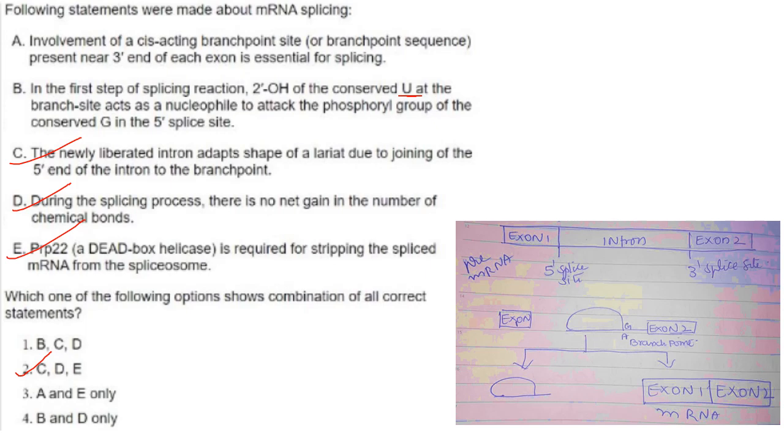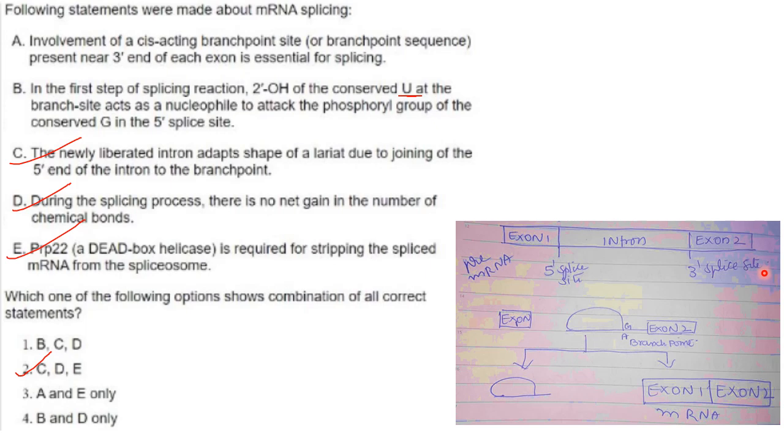Then next one. Following statements are made about mRNA splicing. Involvement of cis-acting branch point. Now before that, I will just brief you on mRNA splicing. This is exon 1, this is exon 2, this is the 5' splice site, this is the 3' splice site.